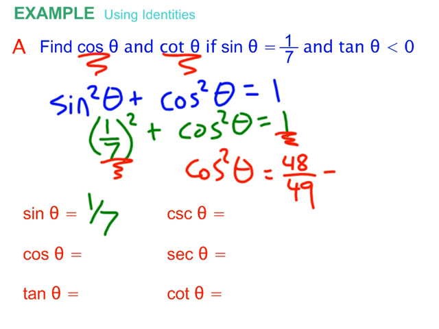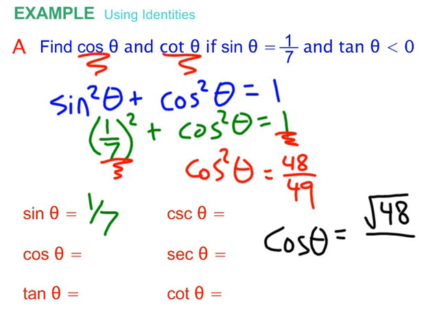And actually, instead of putting an equal sign there, I'm going to take the square root of both sides now. And here's a common mistake. A lot of students will just put cosine of theta equals square root of 48 over square root of 49. Instead of square root of 49, let's call that 7. And instead of square root of 48, let's simplify that.